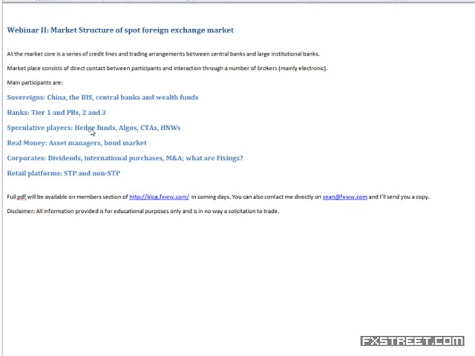So every time you make a trade, in theory, that transaction goes straight through to the bank at the other end. So all this particular broker is doing is facilitating. He's allowing you access to the market, and he's taking a small fee for that access.